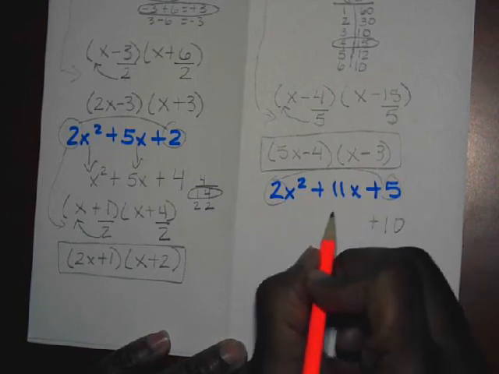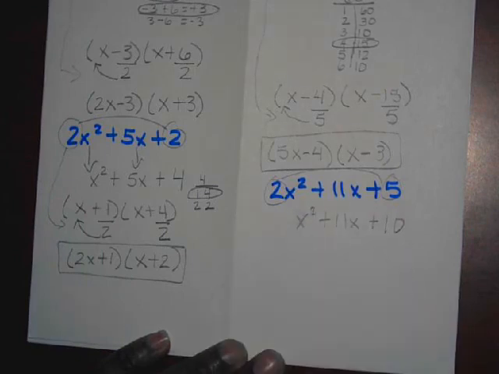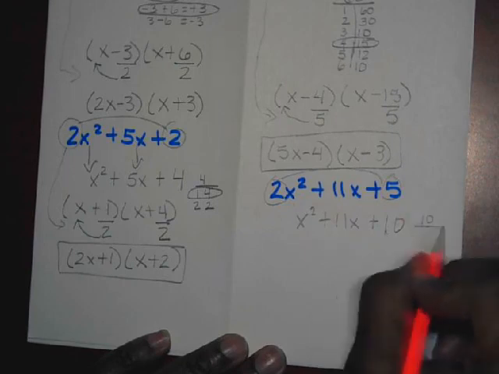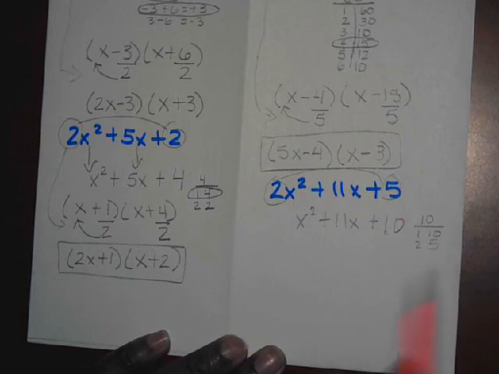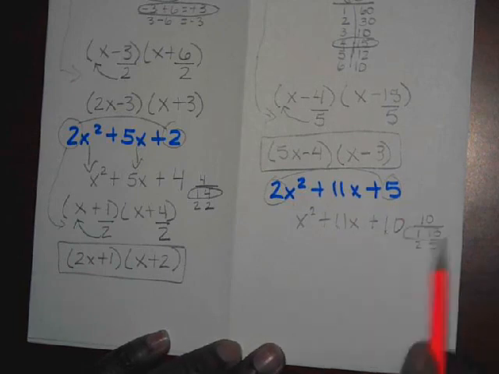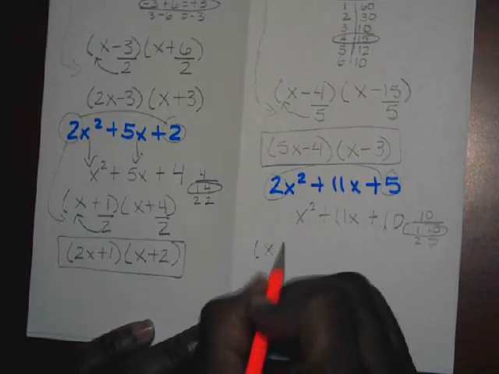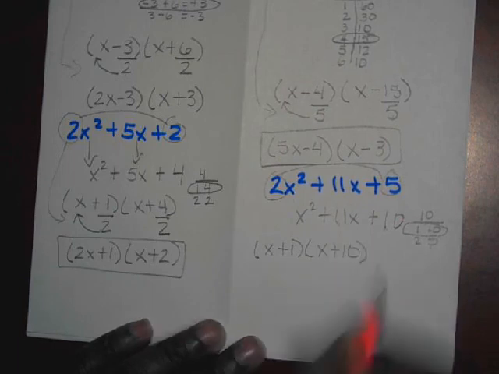Copy down 11x, copy down x squared. What are my factors of 10? 1 and 10, and 2 and 5. Which one of these will give me 11? Positive 11. Those two. So, x plus 1, x plus 10.